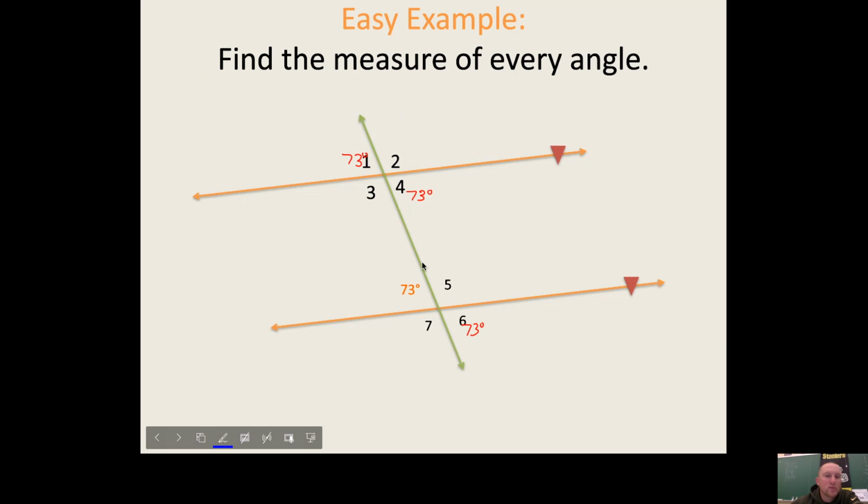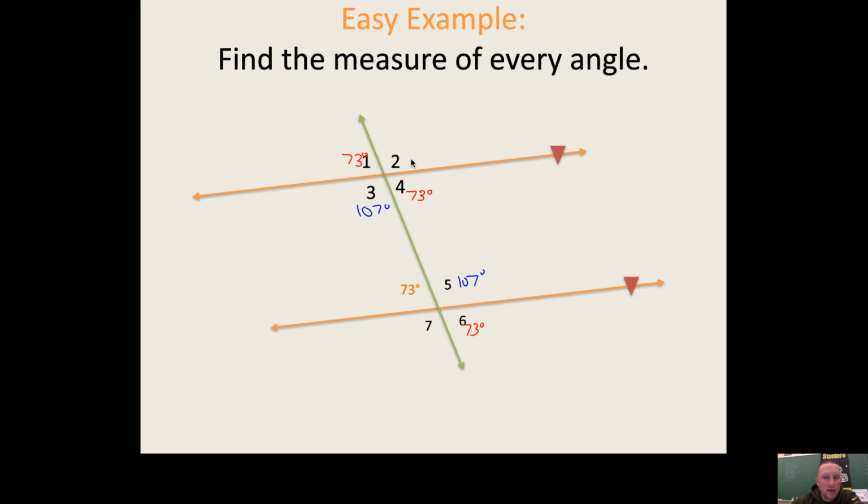Now, we also have 4 obtuse angles. And that theorem that we just talked about, the consecutive interior angle theorem, will help you here. These are consecutive interior angles. They're not the same because that's acute and that's obtuse. They're supplementary. Now, if you know this angle is 107, wouldn't its alternate interior angle be 107?